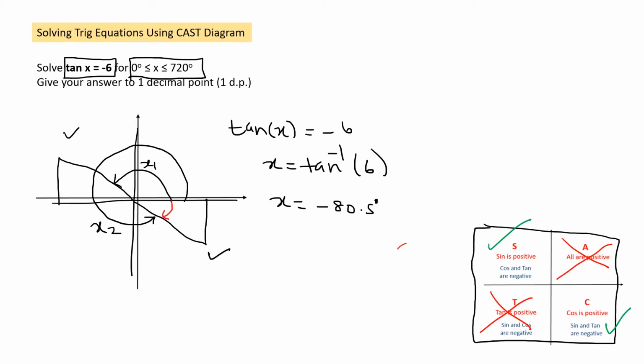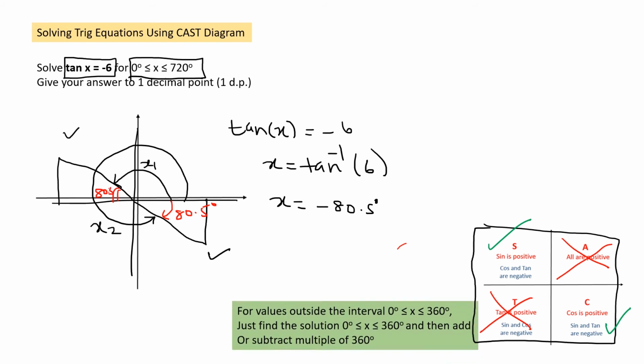What this negative answer, minus 80.5, means, you can clearly see it represents this one. Therefore, x2, the answer we got from this first calculation, is this one, which is 80.5 degrees, as well as this part, which is also the same size, 80.5 degrees. Now we can find x1. So our solutions are x1 as well as x2. x1 is 180 degrees minus 80.5, which is 99.5 degrees.